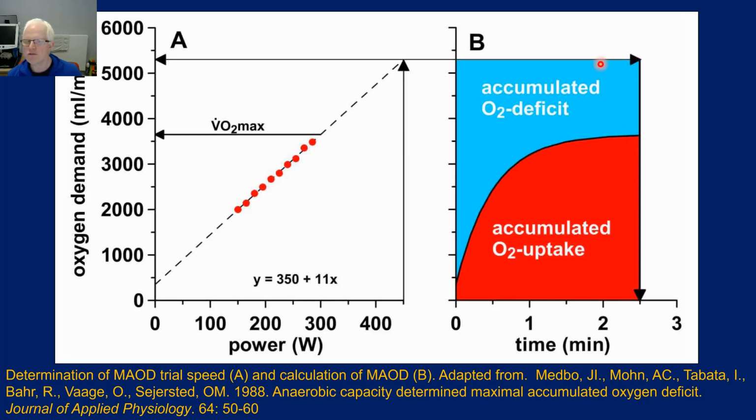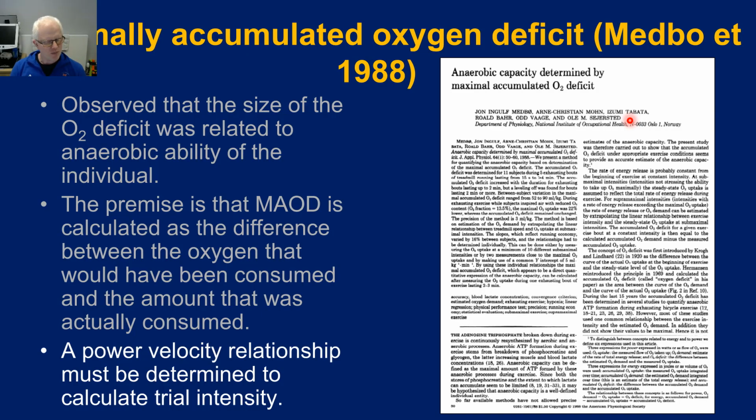This line represents theoretically, if we were able to work aerobically at 120% VO2 max, which is 350 watts. Therefore, this energy has been borrowed, and the only place you can borrow energy from is anaerobic metabolism. Hence the anaerobic or the accumulated deficit.